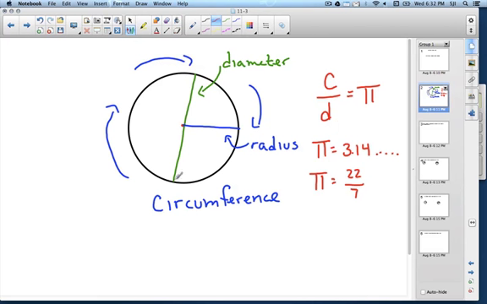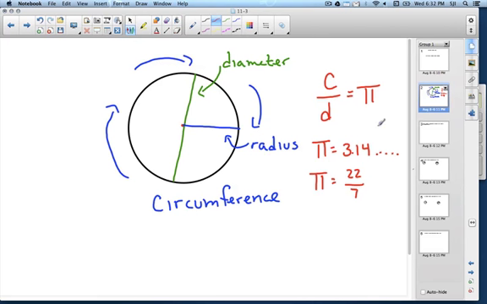Remember, the diameter goes all the way across the circle, the radius goes halfway, and the circumference goes all the way around the outside edge. I like to remind students sometimes, in order to keep the diameter and the radius straight in their head, diameter is a longer word than radius, so the long word goes all the way across the circle, and the short little word radius goes halfway.